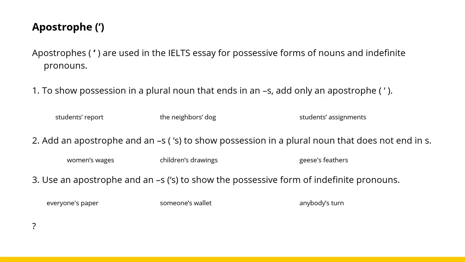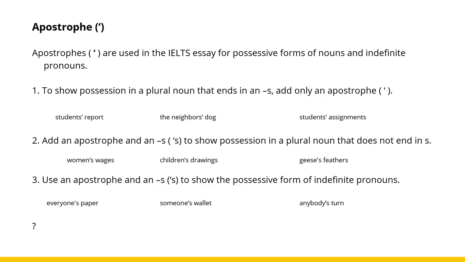The second one is quite different. Here we add an apostrophe and the letter S to show possession in a plural noun that does not end in the letter S. For example, women, it's a plural form, and we add an apostrophe and also the letter S. So women's wages, children's drawings, geese's feathers. This is the second way of using an apostrophe.